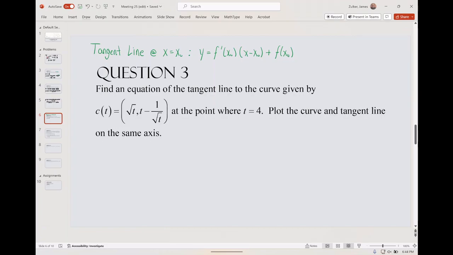Just have to make a few slight adjustments to this. Right? Instead of x equals x naught, we're doing t equals t naught. We're still going to have y equals. But this f prime is dy dx evaluated at t naught.